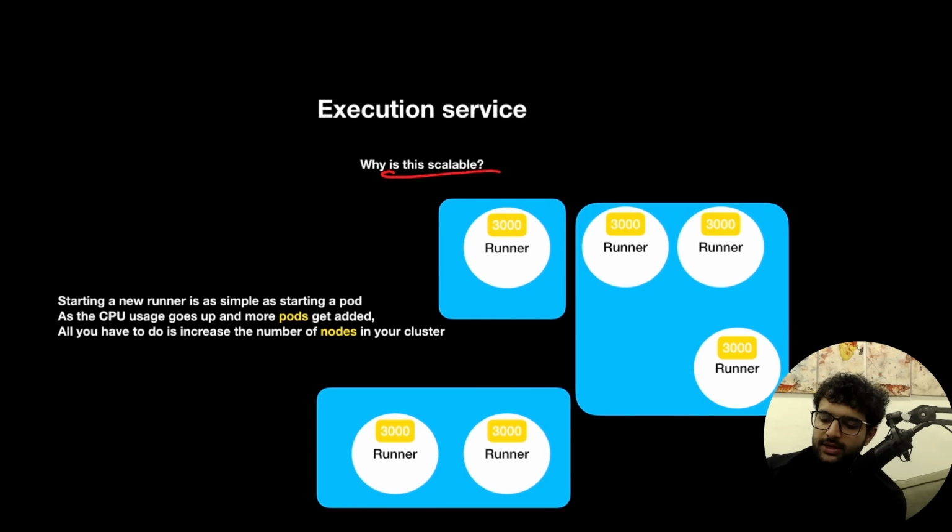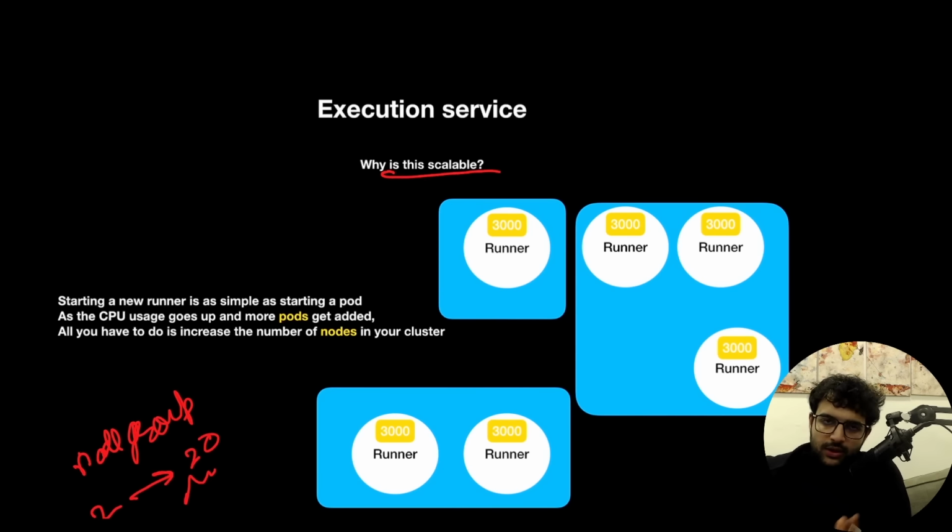And why is this scalable? Well, as I said, starting a new runner is as simple as starting a pod. Of course, the auxiliary, ingress, service, all that jazz. As the CPU usage goes up, more pods can get added. Where have we written this logic? This happens in your cloud provider. If you use AWS, you can over there say, I'm creating this node group, and the minimum number of nodes here is 2, the maximum number of nodes here is 20. Go up and down based on certain conditions, CPU, length of a queue, so on and so forth.